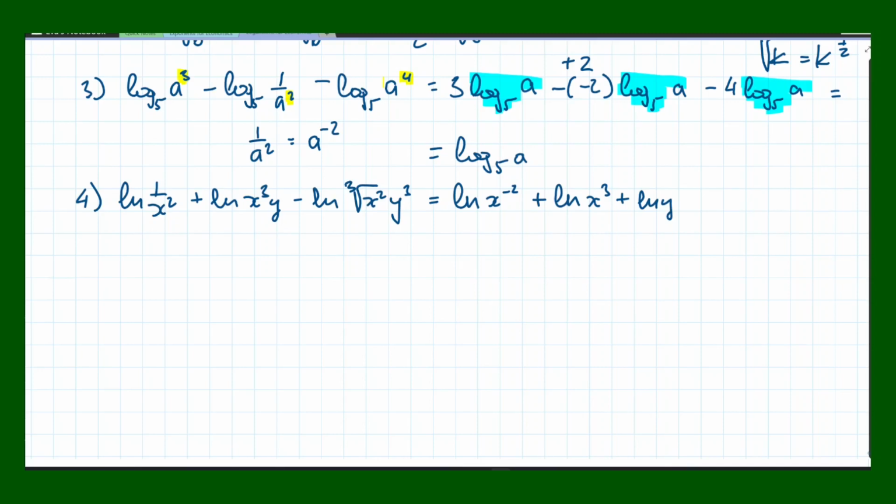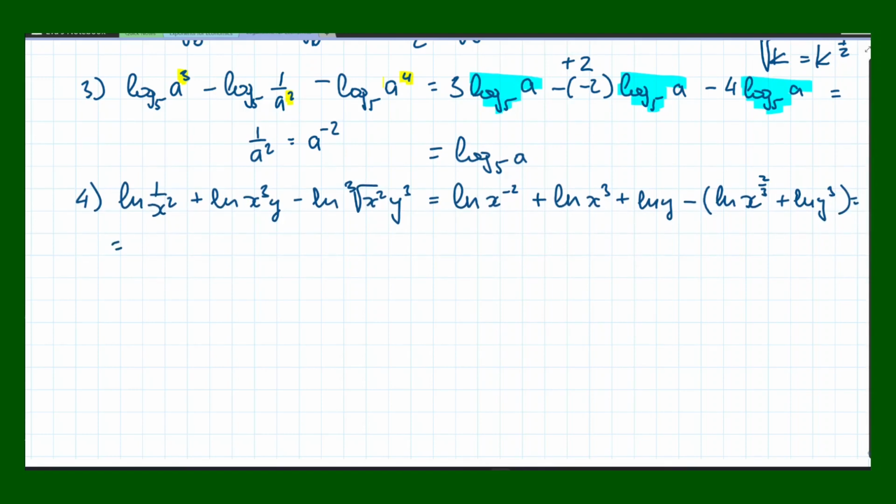In the next term, which is a subtraction, I'm going to have to put in a bracket because this subtraction applies to the whole log sign. So in the last term, I have got a multiple of the cube root of x squared and y cubed. So I'm going to replace that as ln of x to the 2/3. Remember that the root becomes the denominator in the exponent, plus ln of y cubed.